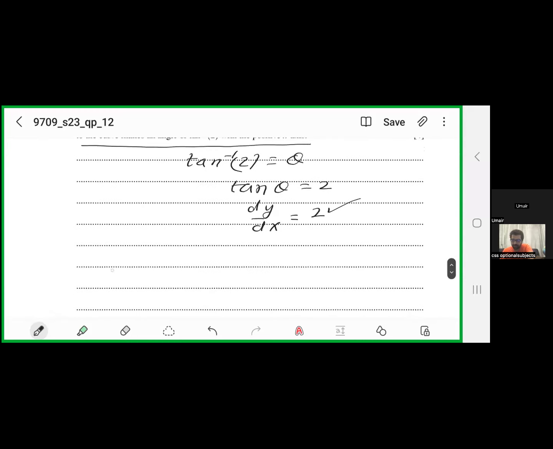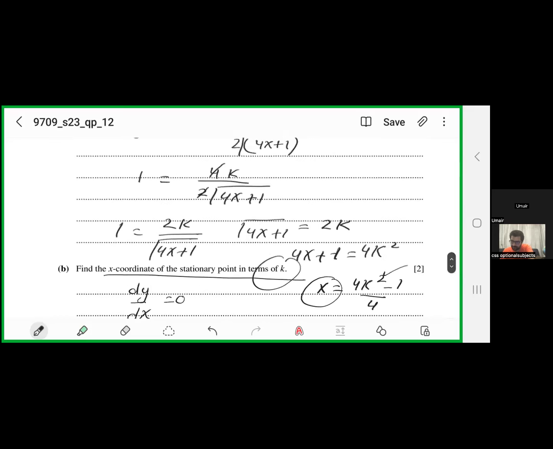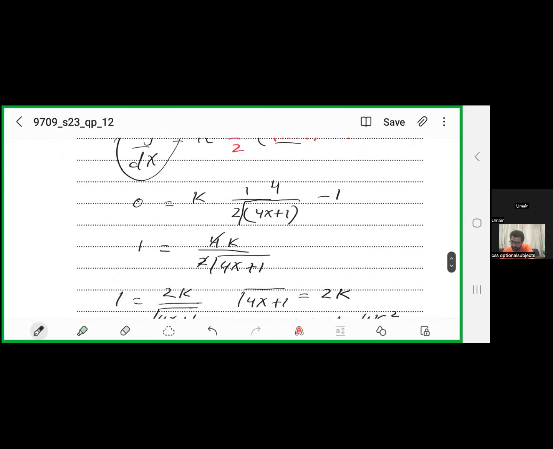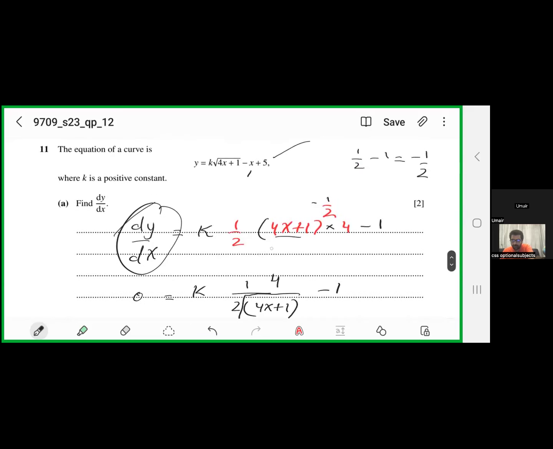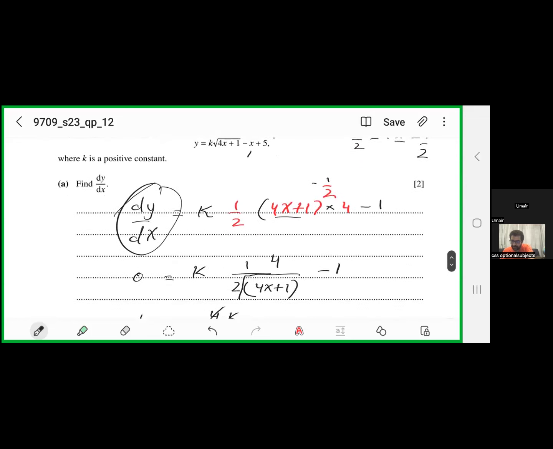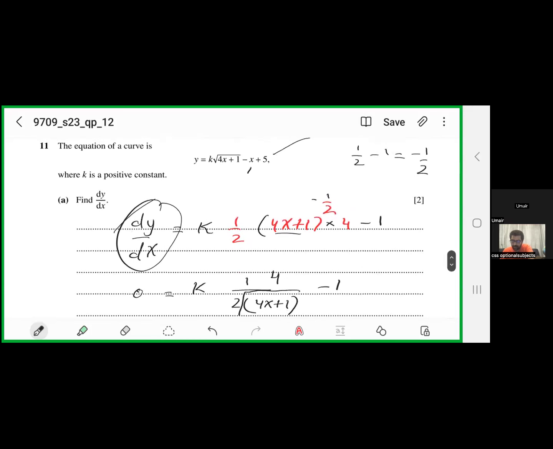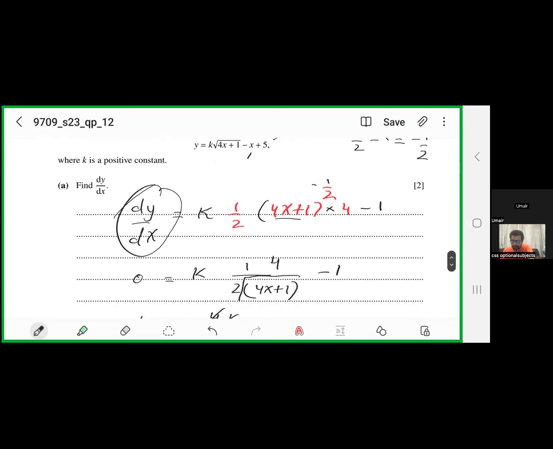So dy by dx, which is 2, is equal to, we know k is 10.5, and let me see, this is k, okay, k into 1 by 2 into (4x plus 1) power minus 1 by 2, minus 1, that is equal to the value of the derivative.